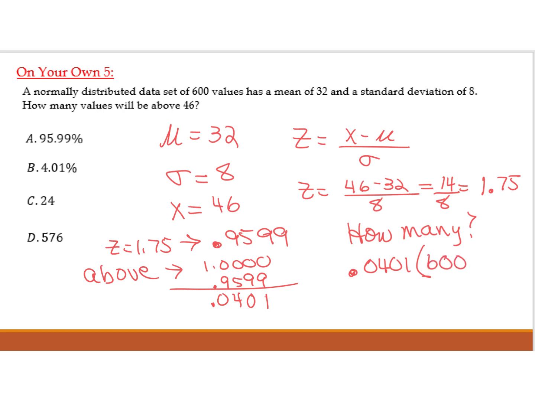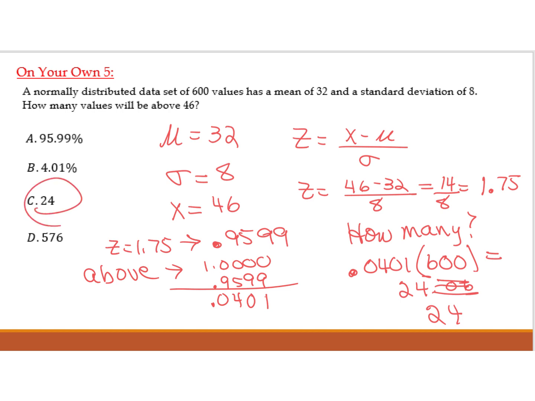And when I multiply, I get 24.06. So when we are finding how many of a certain number, anything after the decimal point is automatically dropped, which means that my answer is going to be 24.